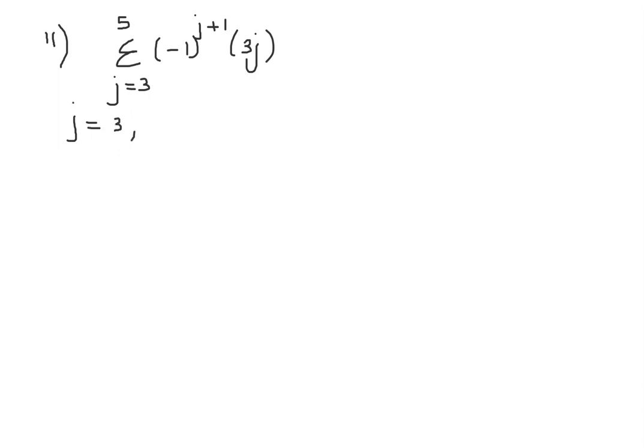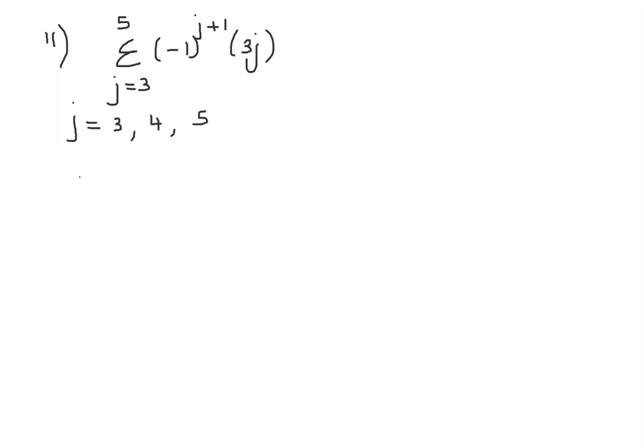And the last couple more problems. We have j equal to 3 to 5. So we're going to start from 3 and go up to 5.